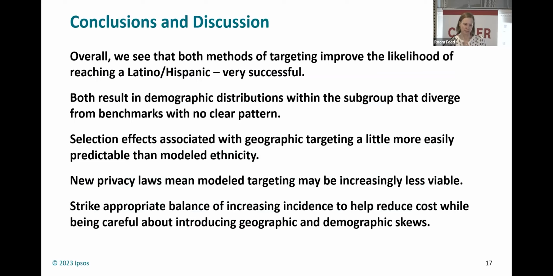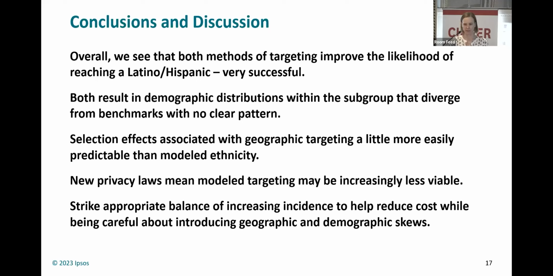Overall, we see that both methods really did help improve the likelihood that we reach the person or the demographic that we wanted to reach. Both demographic distributions diverged from benchmarks, and there wasn't really a clear pattern to help us understand exactly what might be causing the differences.